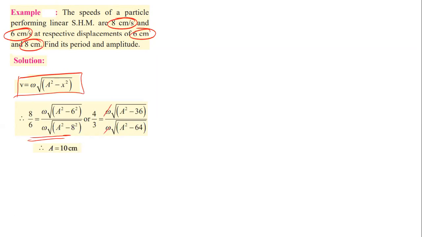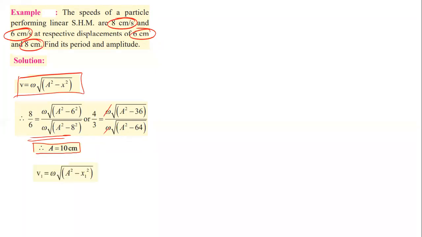And after taking square of both the sides and simplifying it, we get A is equal to 10 centimeter. After getting amplitude, we have to substitute this amplitude in a formula of V, in the first formula or the second formula.